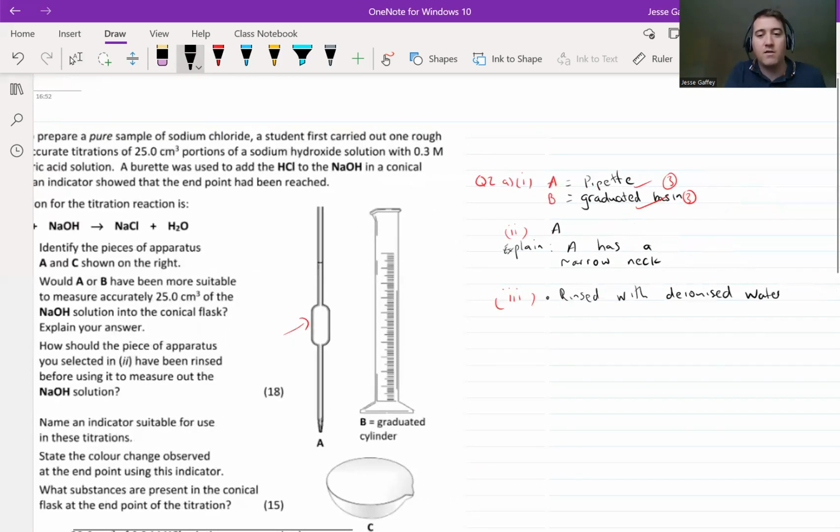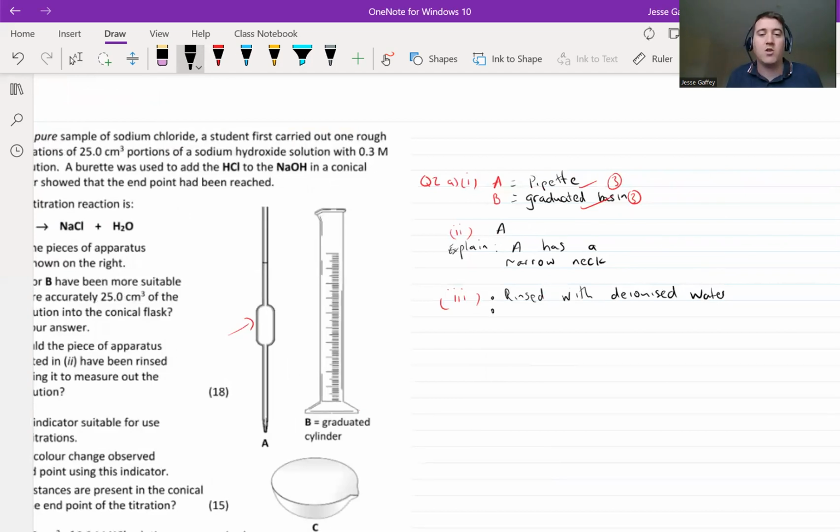NaOH was added to the conical flask. So you could have said rinse with NaOH, or you could have said rinse with the solution it's going to contain. I'm going to say rinse with the solution it will contain, because that's a pretty stock answer that will always work. You could have also said rinse with NaOH, and that would have been correct as well.